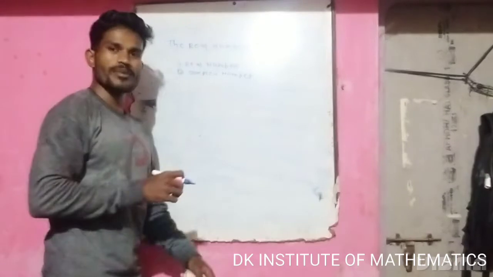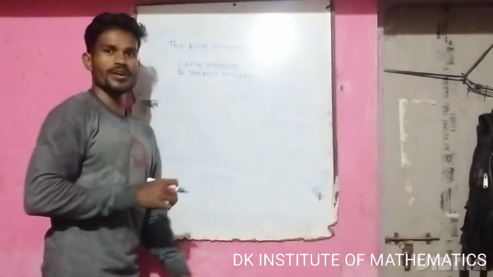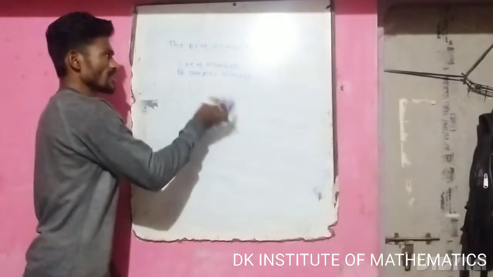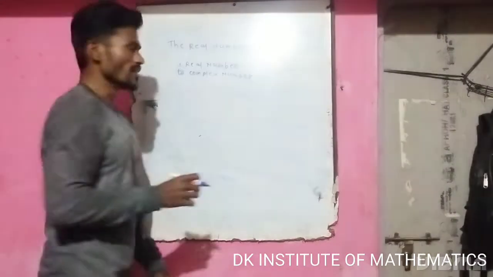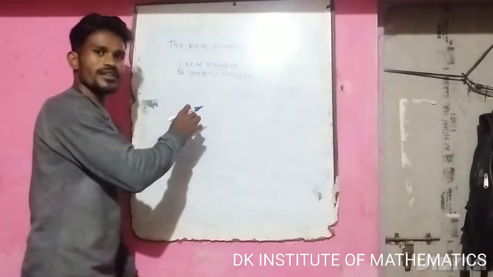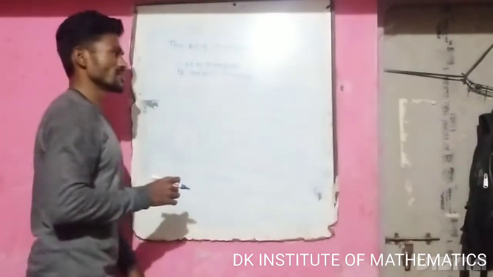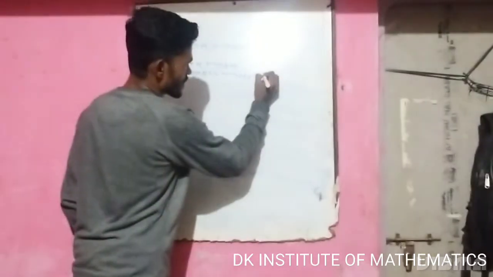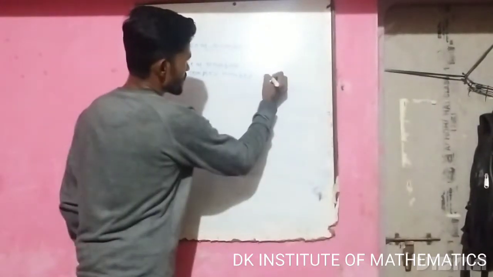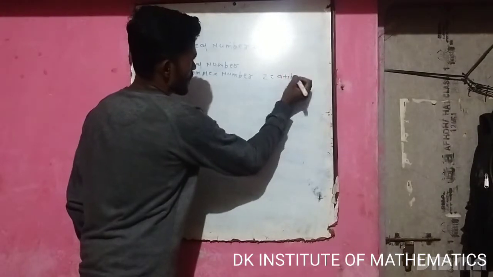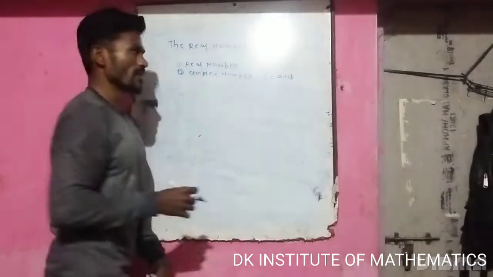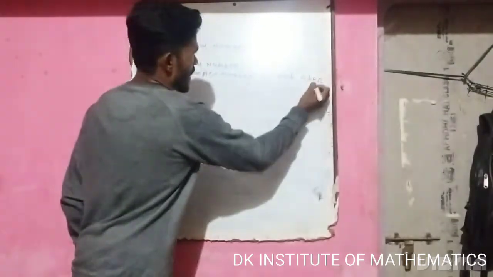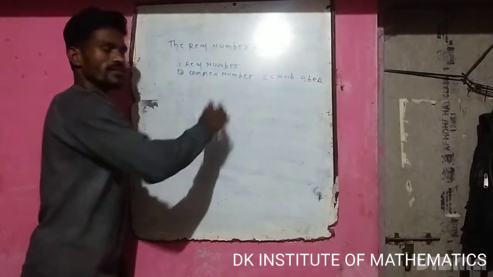The first is the real number and the second is the complex number. In this lecture, we will study only the real number system. A complex number is generally denoted by z equals a plus ib, where a and b are real numbers, and complex numbers are denoted by z.